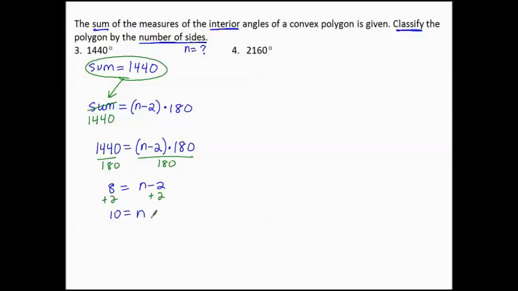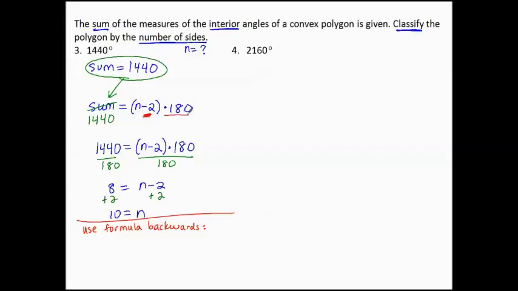Now, this is basically just using the formula backwards. Think of what it's like forwards and go backwards. We're subtracting 2 first, then we're multiplying by 180.